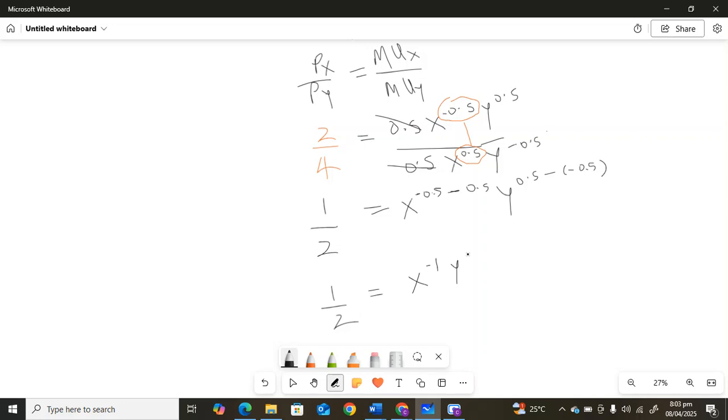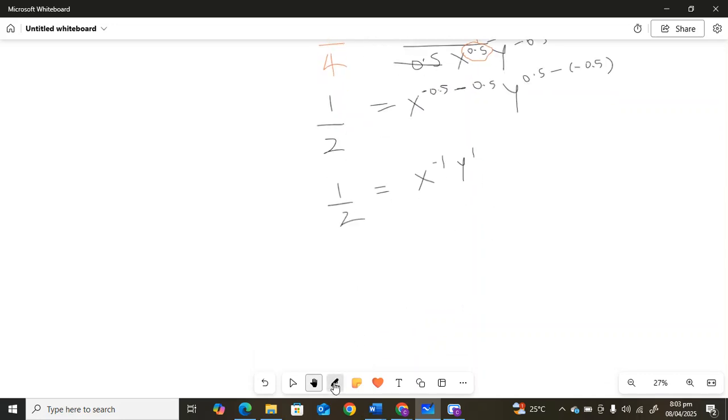So x to the power negative 1, y to the power 1. Then we apply indices again. 1 over 2 equals, remember, whenever you have a negative power, you get the reciprocal. So this x to the power negative 1 comes to the bottom and becomes x to the power 1. Are we okay with this, colleagues? Any questions?